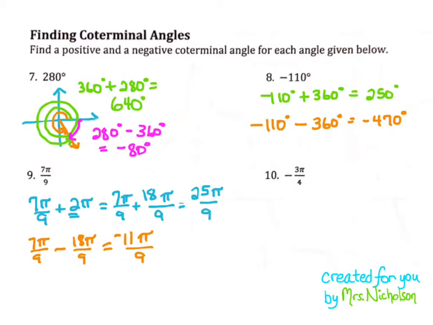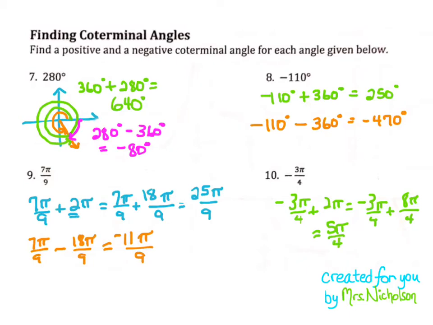All right, last question here. Negative 3 pi over 4. I need to add 2 pi. So I'm going to add, I need that to be over 4, so that would be 8 pi over 4. And so negative 3 pi over 4 plus 8 pi over 4 gives me 5 pi over 4.